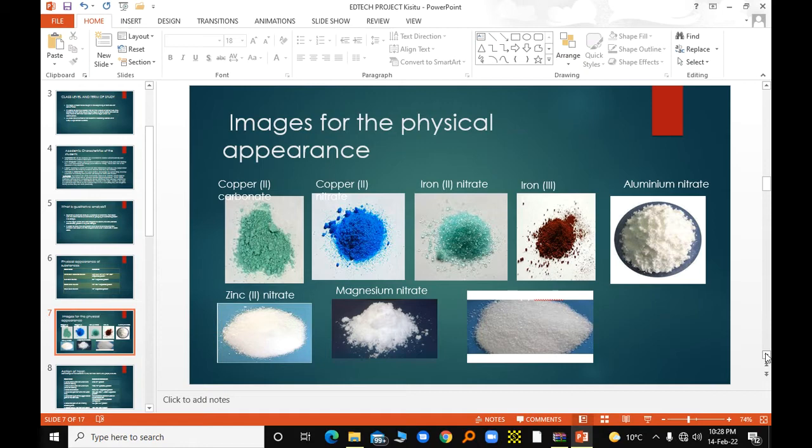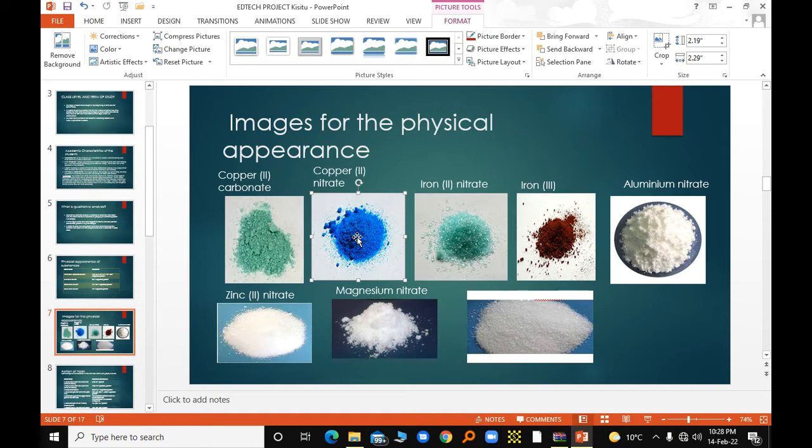These are the images of the physical appearance. The first one is copper 2 carbonate. This is how it looks. This one is copper 2 nitrate. This is how it looks.